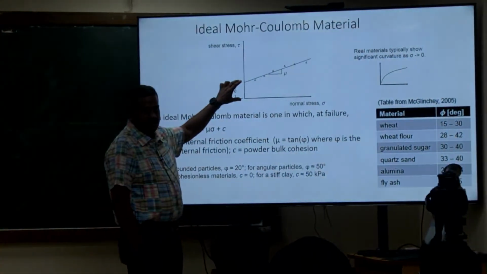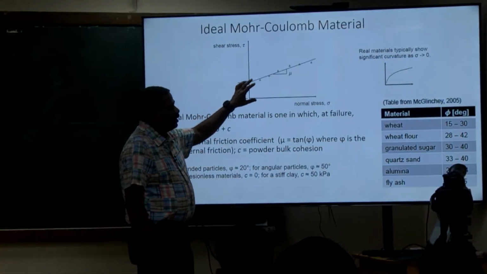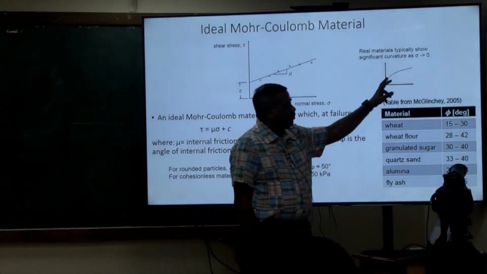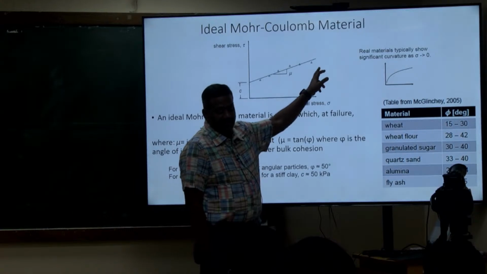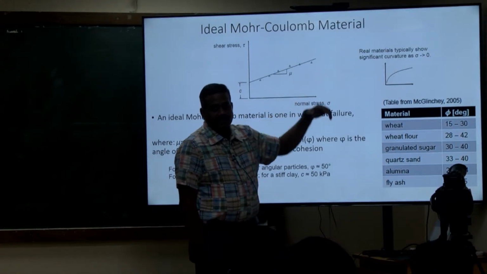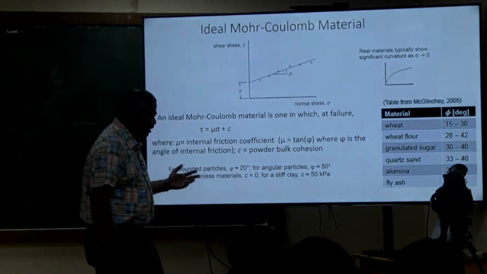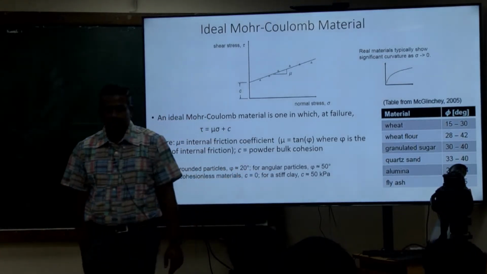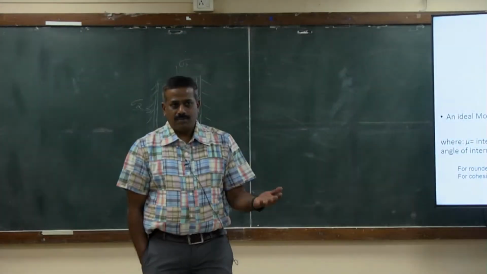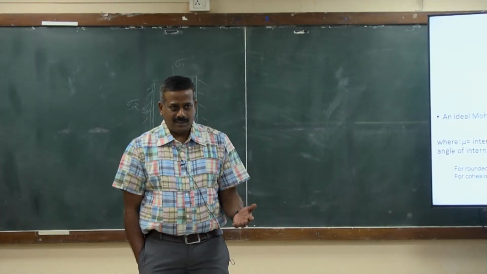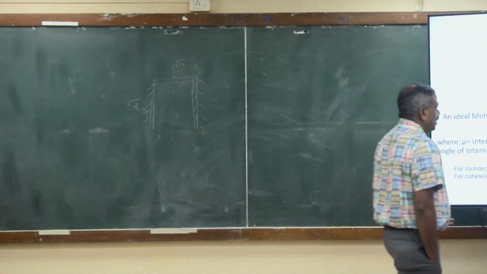That's the intercept. What I said was, for most materials this relationship will not be linear, since most powders, or any material as we talked about, will have some inbuilt cohesion due to their properties, chemical properties, etc. That changes this relationship.